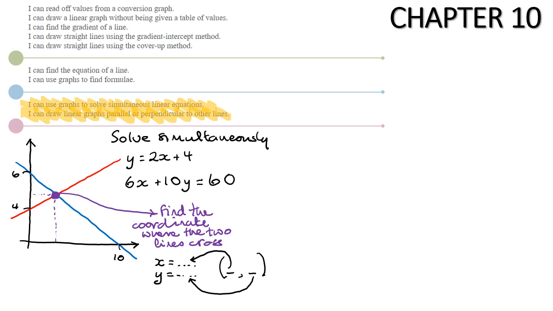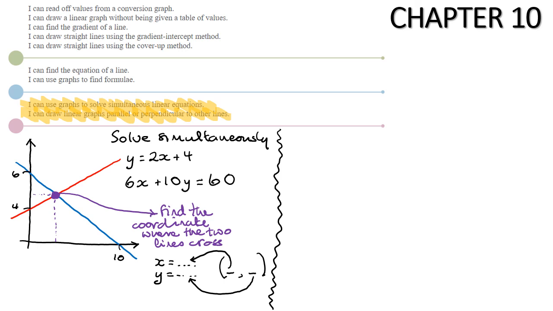So don't just write down the coordinate, write down x equals, basically the x coordinate, and y equals, basically the y coordinate. So that's how we would solve simultaneously. Sometimes the lines are drawn for you. Sometimes you need to draw the lines yourself, and you can use any of the methods that we've talked about to draw the lines. But you need to write down the coordinate where the two lines cross, and write it as x equals and y equals.